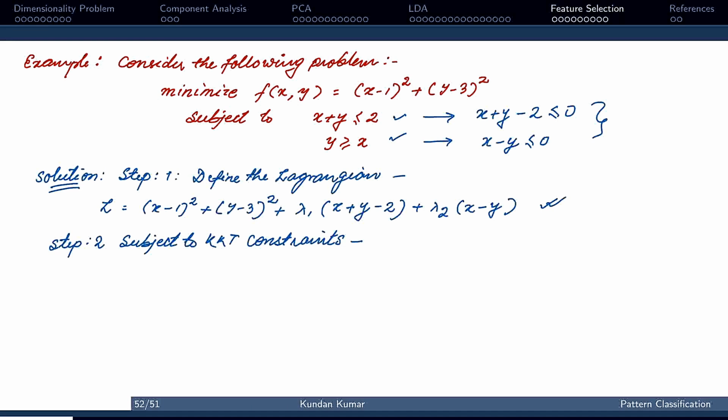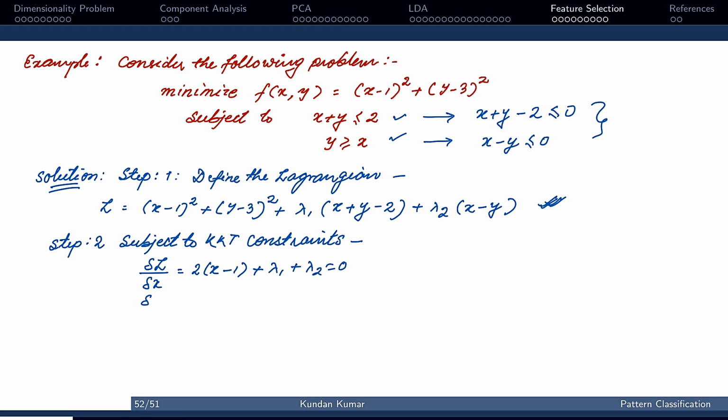And what are those KKT constraints? Del Lagrangian del x equal to 2(x minus 1) plus lambda 1 plus lambda 2 equal to 0, because we have to take the first derivative of the Lagrangian with respect to x.